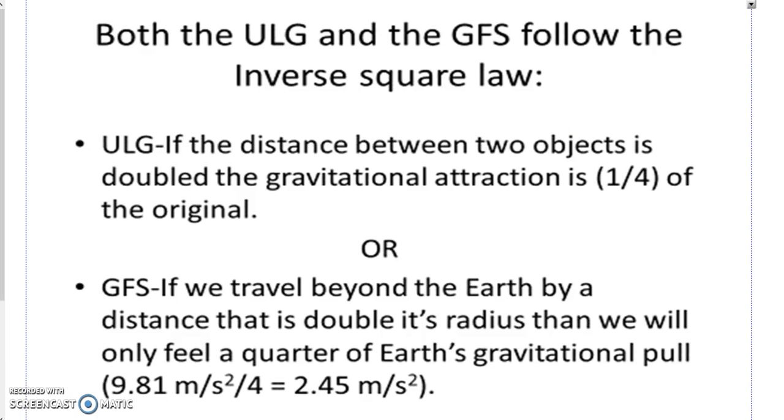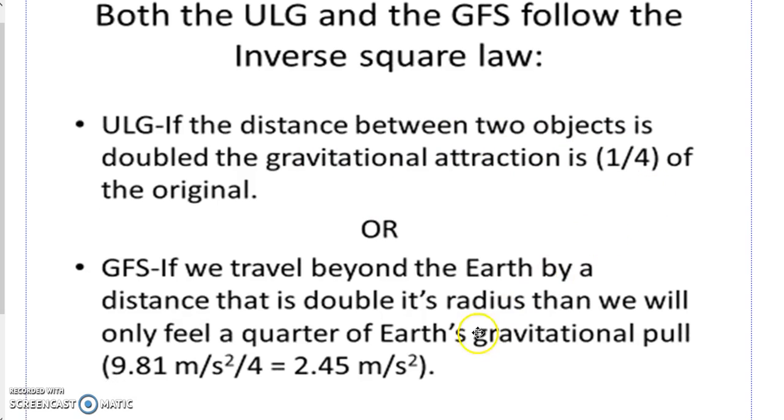So a couple notes here. Both the universal law of gravitation and the gravitational field strength follow the inverse square law. So if the distance between two objects is doubled, the gravitational attraction is 1/4, so it's less.